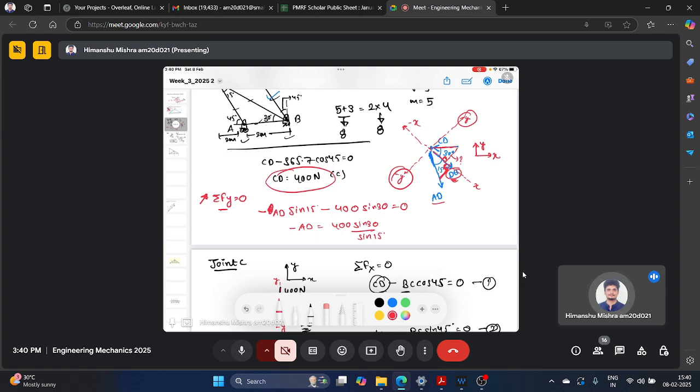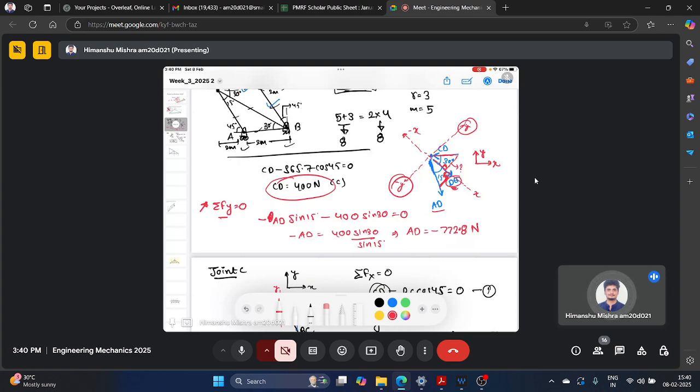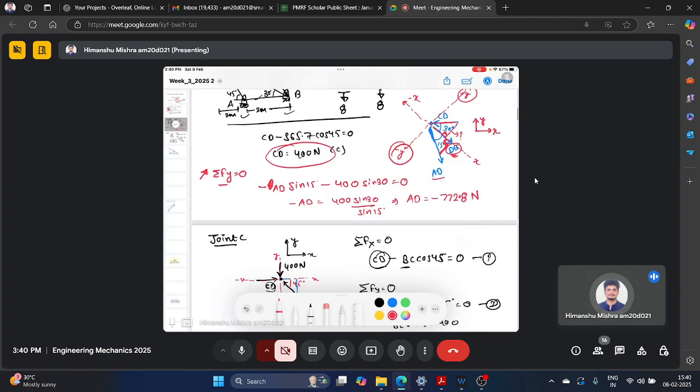So this will come out to be AD equals minus 772.8 Newton. Yeah. So this is a minus sign, so we have to reverse the sign for AD.